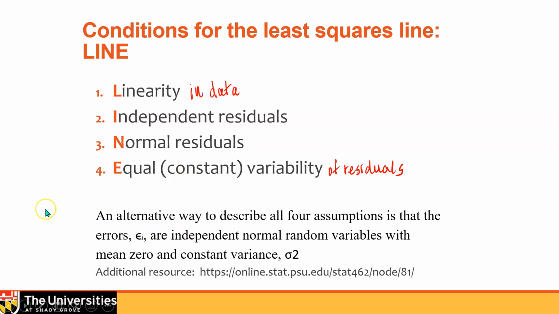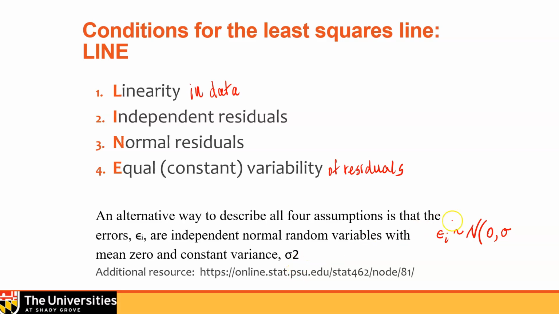So an alternative way of looking at all 4 of those assumptions is that we say our residuals are independent, and they are normally distributed, sometimes with a mean of 0 and a constant variance of sigma squared.